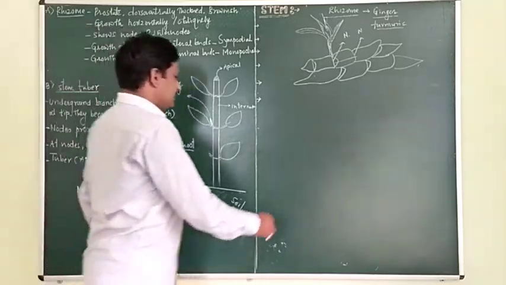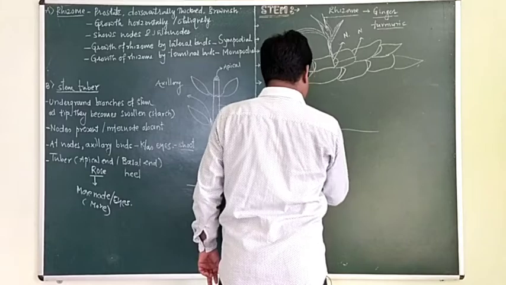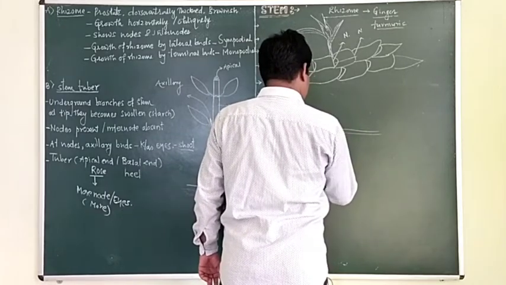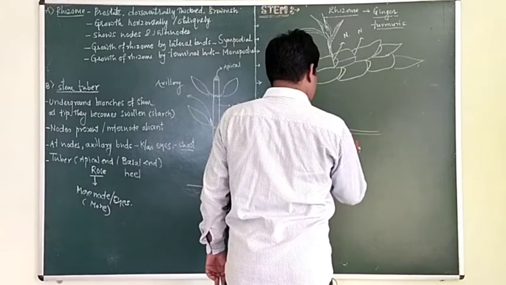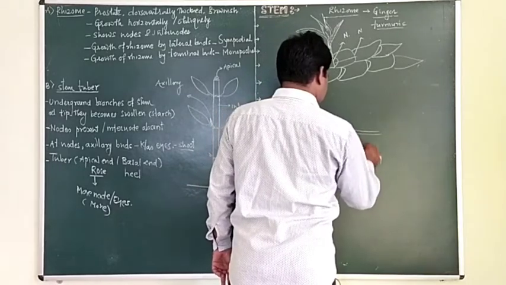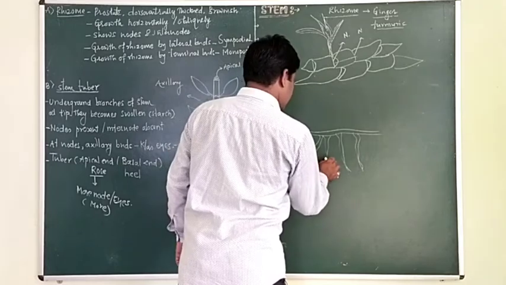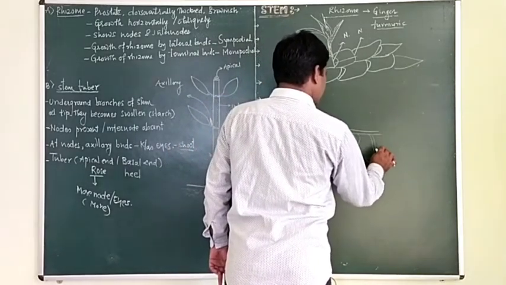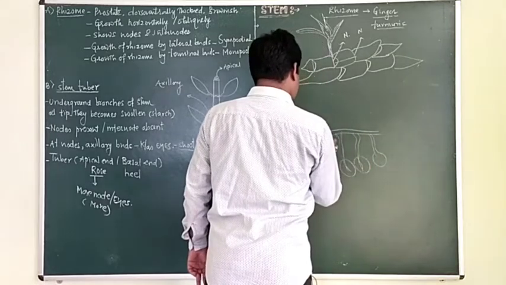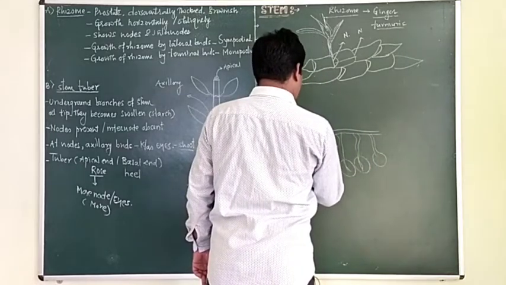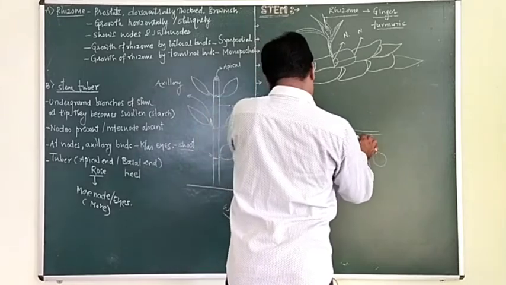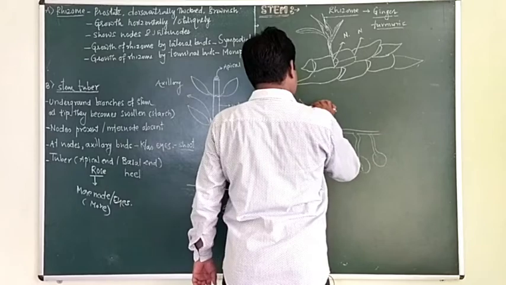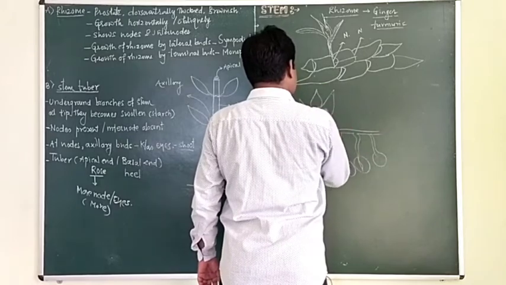These underground branches form sub branches, and at the tip of the sub branches it shows the tubers, the solan structures. They are called stem tubers. And it shows leaves.